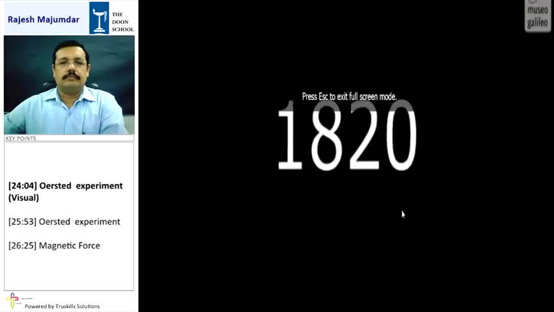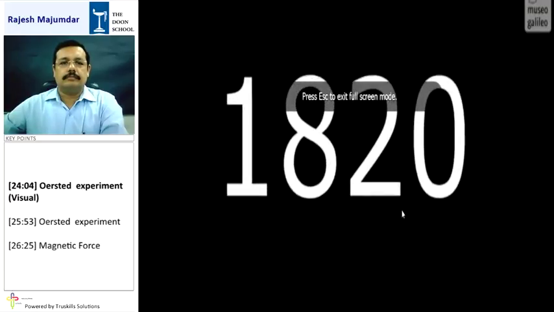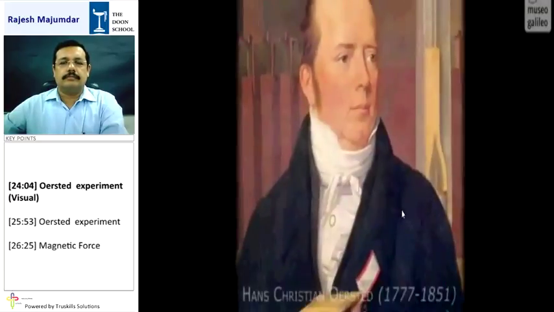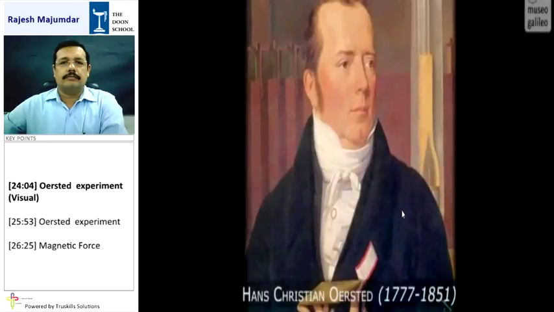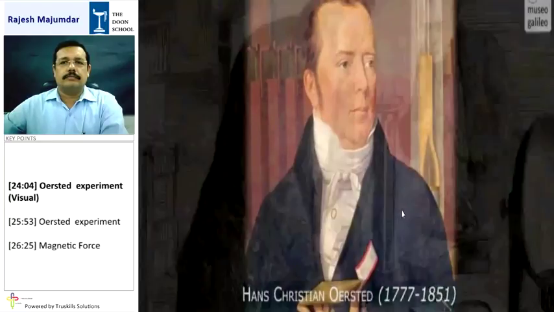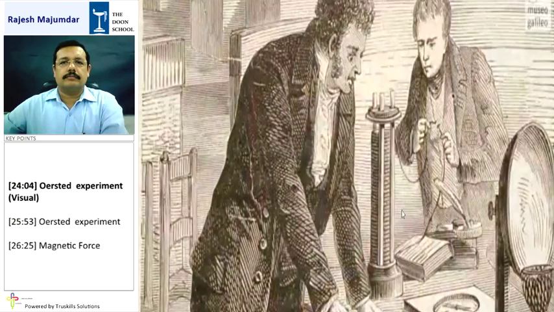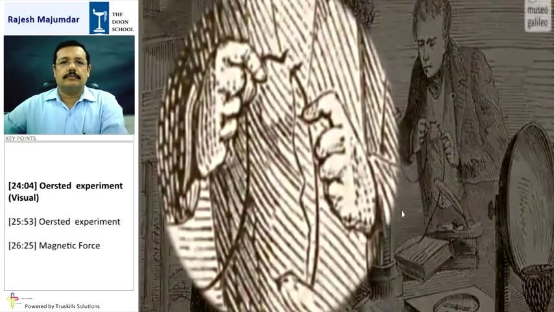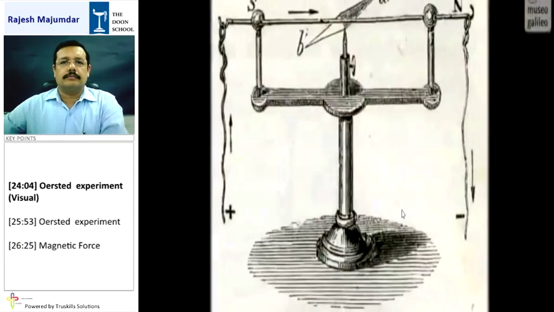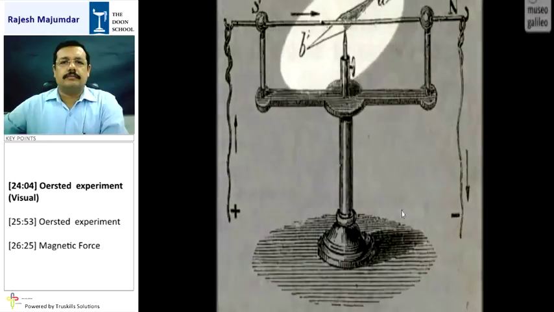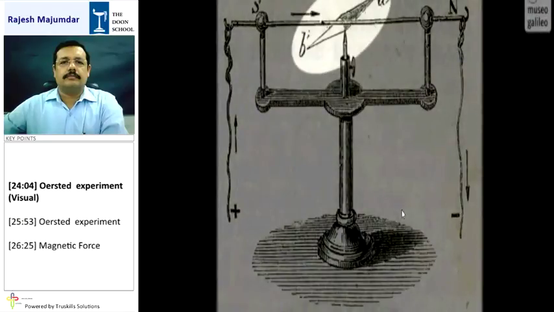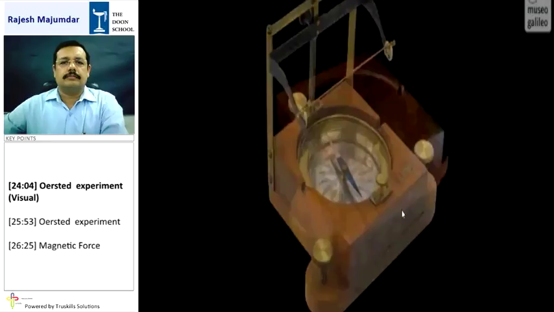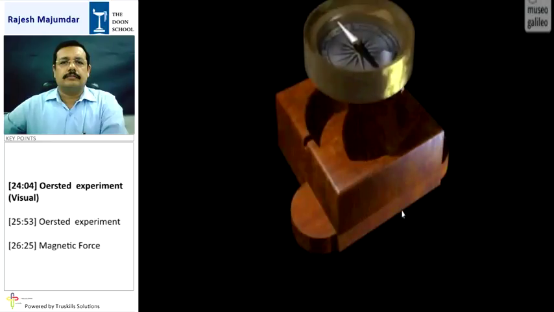In 1820, the Danish chemist and physicist Hans Christian Oersted performed a celebrated experiment demonstrating that an electric current passing through a wire could deflect a magnetic needle. The experiment can be reproduced by means of the following apparatus. A wooden base carries a magnetic compass.